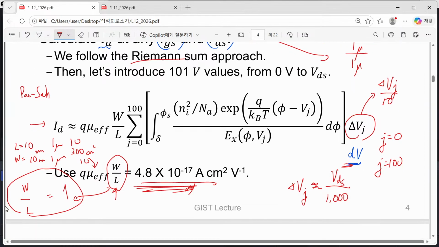But in reality, nowadays we no longer use these long channel devices. Therefore, the transistor's current depends heavily on W and L, not only on their ratio, but individually on W and individually on L. So please note that this is just a long channel limit case.